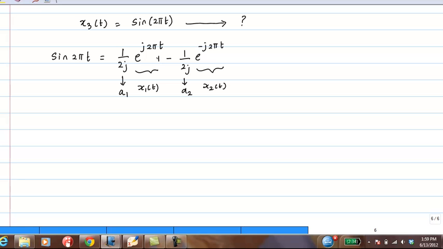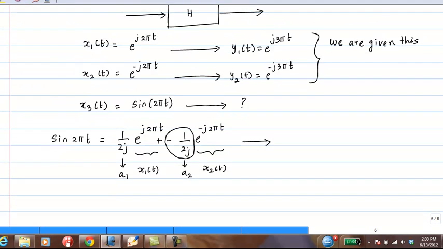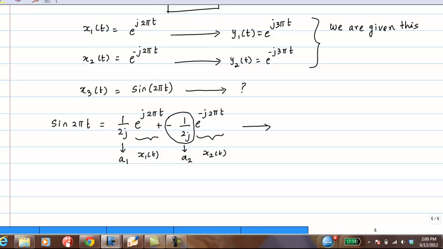So I could think of this as plus negative 1 over 2j times e to the negative j 2 pi t. Now linearity tells me that the outputs should also be weighted by the same amount and added up, which means my output should be 1 over 2j e to the j 3 pi t minus 1 over 2j e to the negative j 3 pi t, which again using Euler's formula is nothing but sine 3 pi t.